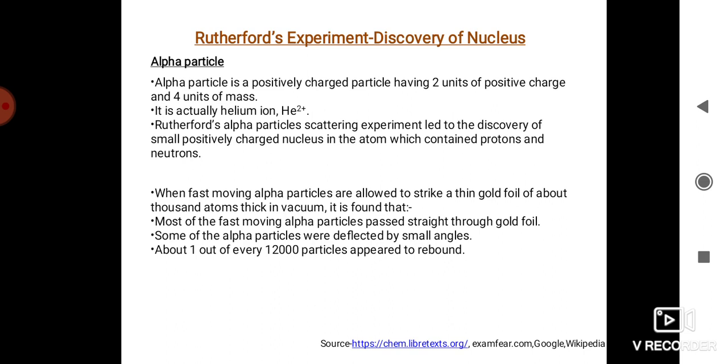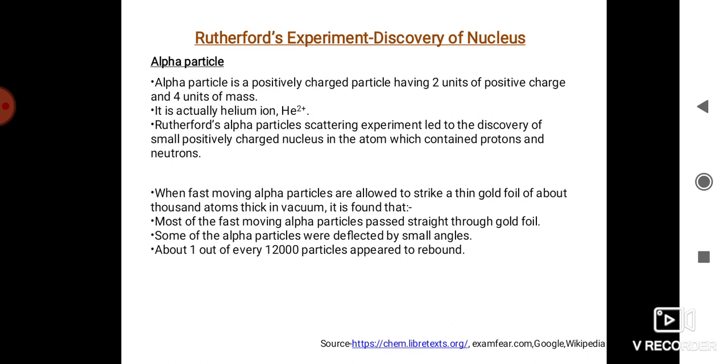Rutherford's alpha particle scattering experiment led to the discovery of a small positively charged nucleus, as we have discussed, which contained protons and neutrons. In the experiment, fast moving alpha particles were allowed to strike a thin gold foil.